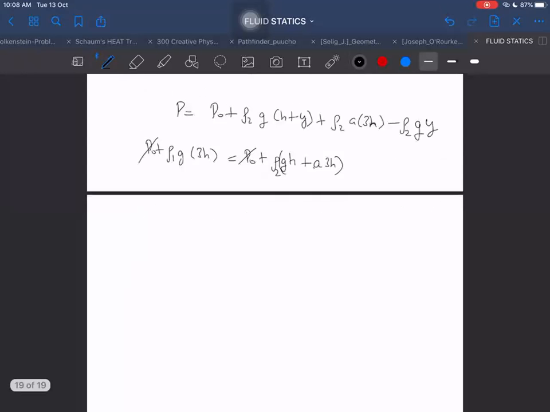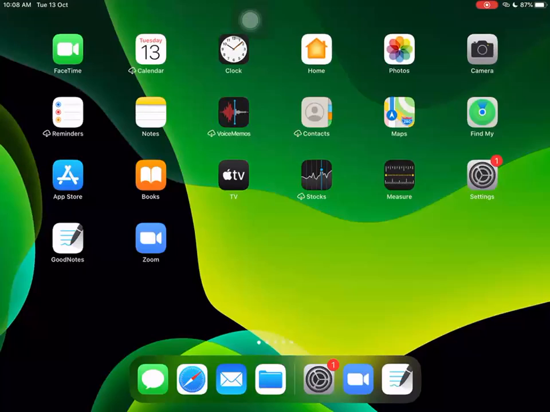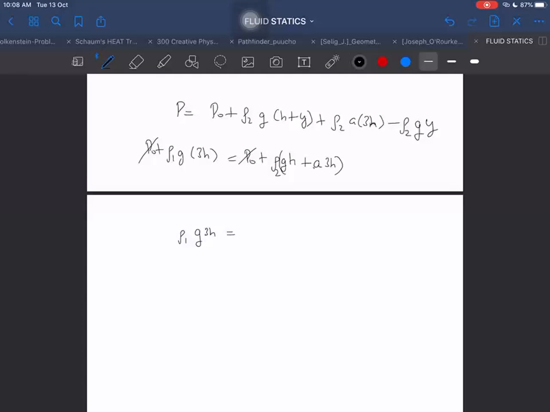Acceleration is g by 2, sir. It is 5 by 6, sir.